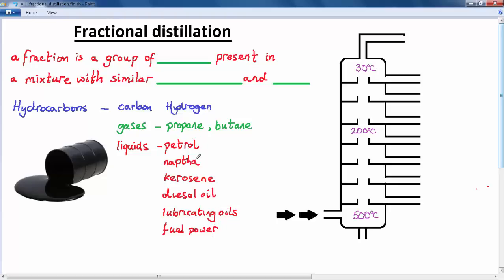So as we move down this list, the length of the carbon chain of each molecule is increasing. And as a result of that, the interaction between the molecules becomes greater. So the boiling point of the liquids increases. That's to say, it becomes harder and harder for these molecules to evaporate into the gas state as we move down this list.